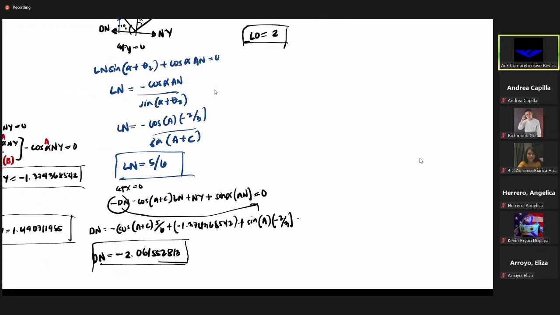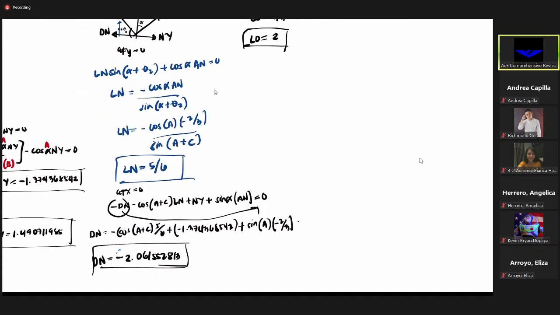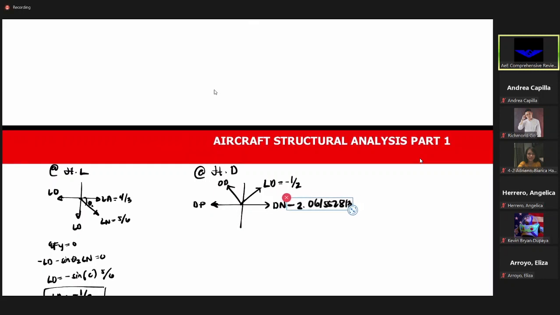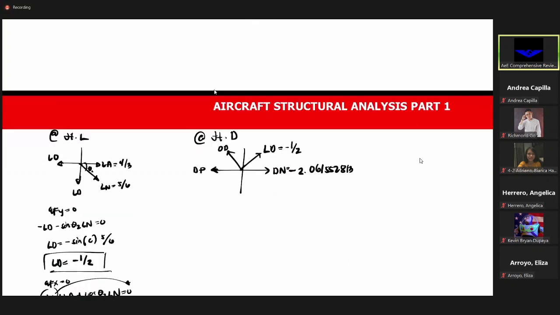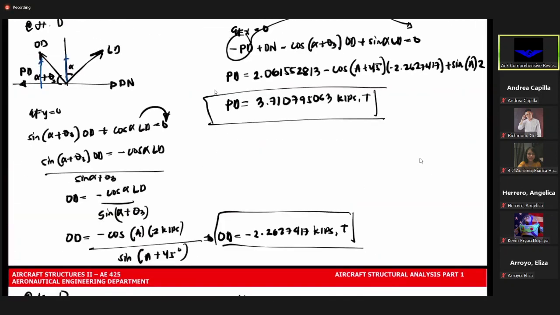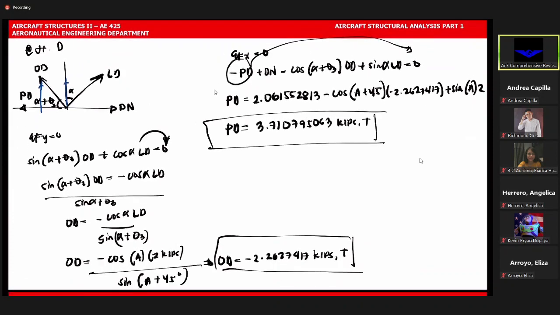Ang DN, ayan, as you can see, negative 2.061. So, ito yung DN natin. And then OD, this is alpha plus theta sub 3, and this is alpha. Okay, check natin sa joint din natin kanina. Ayan, theta sub 3 plus alpha and then alpha.